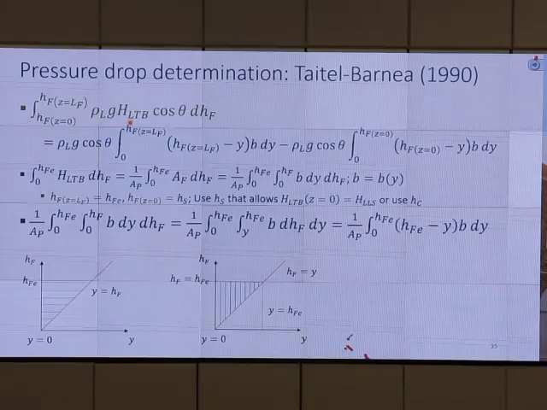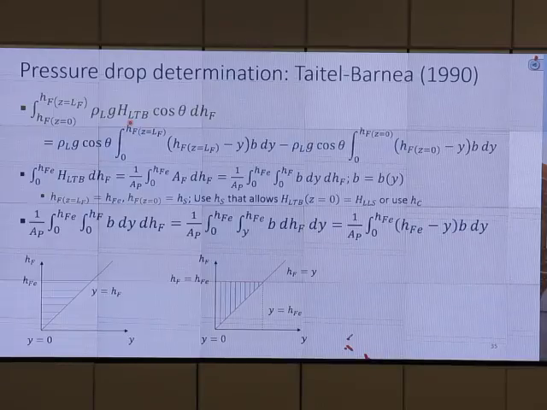What about 3.103? See 3.103? Yeah. Okay, 3.103, I can change from P bar HLTB to rho g something, right? You see that?